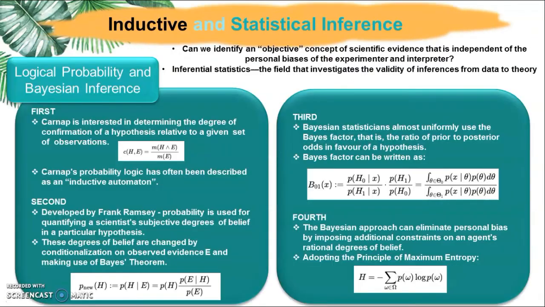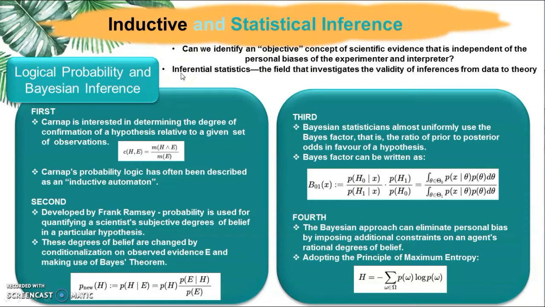Let's move to the next part, which is inductive and statistical inference. The question is, can we identify an objective concept of scientific evidence that is independent of the personal biases of the experimenter and interpreter?